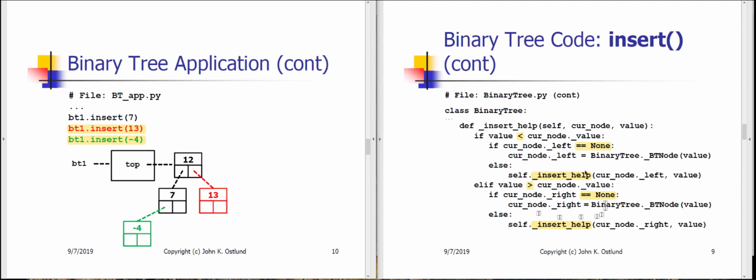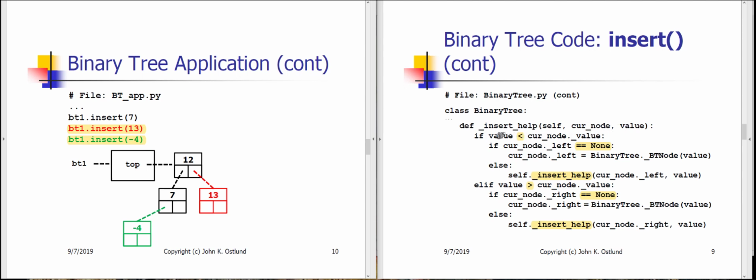Let's walk through quickly what's happening here. We called insert. Insert discovered that there already was a node at the top, and so insert calls insert help to figure out what to do next. In insert help, self refers to the binary tree as a whole. Cur node is a reference to the BT node containing the 12, and value is 13.